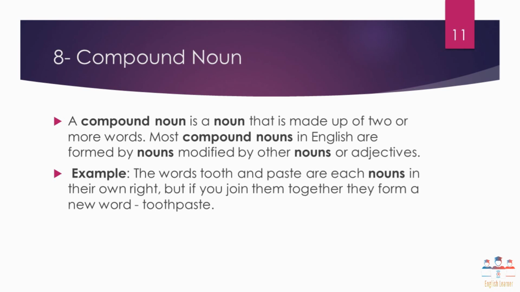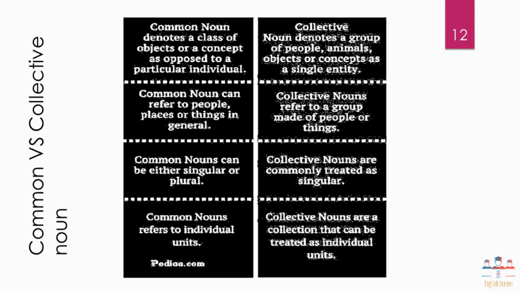So these are actually the types of noun. Next, most of the students often get confused between common and collective nouns. Here are a few differences we have to consider in order to differentiate them correctly.